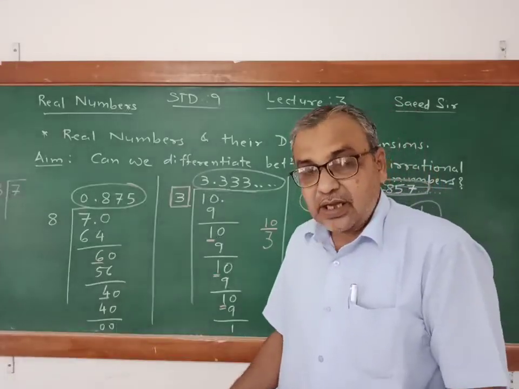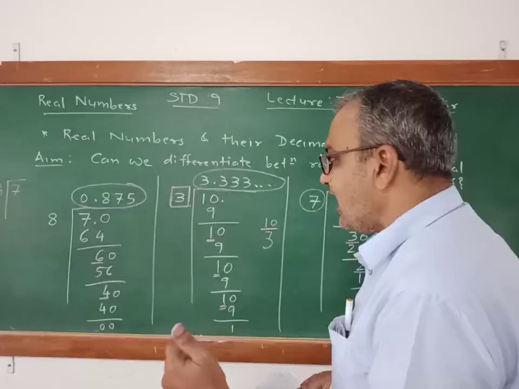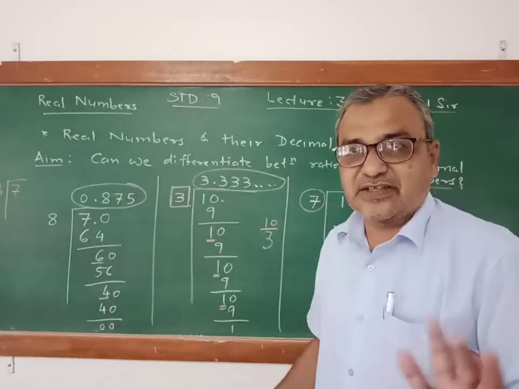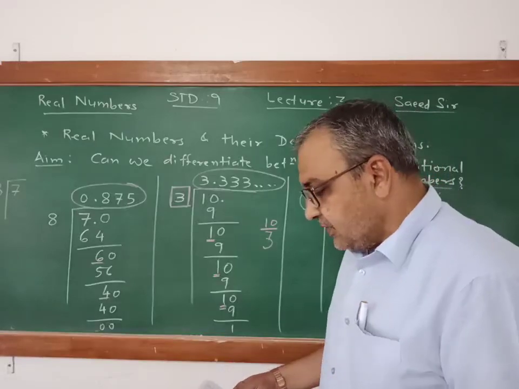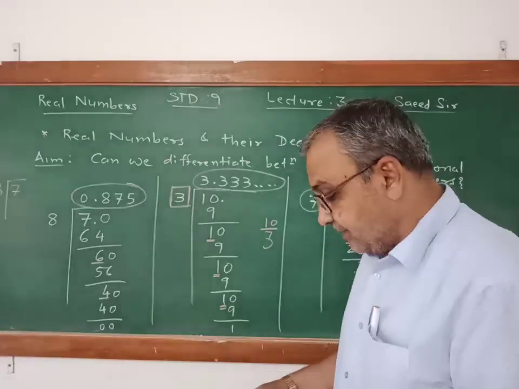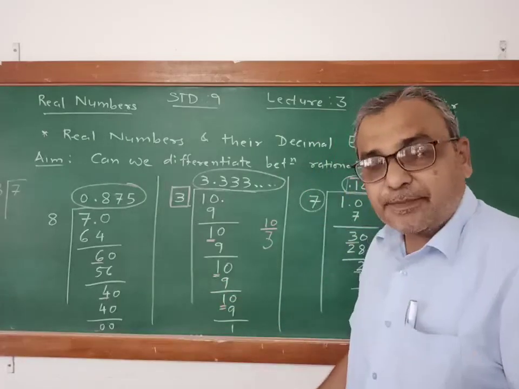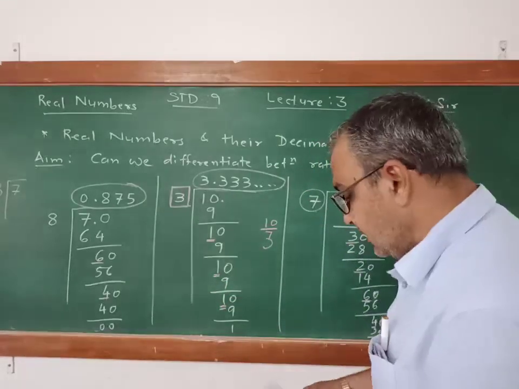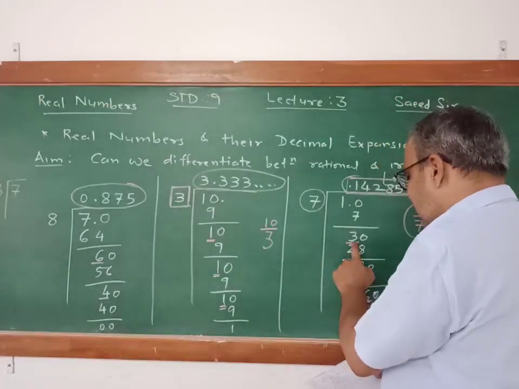the remainder either becomes 0, or starts repeating after a certain stage. This is the first conclusion. The second conclusion: the number of entries in the repeating string of remainders is less than the divisor.